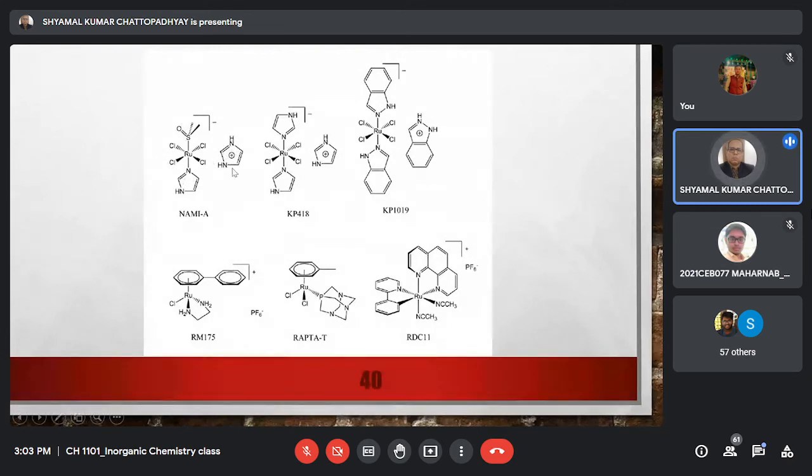So this is called NAMI-A, and very similar to NAMI-A we have KP418, exactly identical, except this dimethyl sulfoxide has been replaced by another imidazole. So these two are very closely related. The only thing is that in the axial position, the sulfoxide is replaced by another imidazole. And another very closely related compound is this compound.